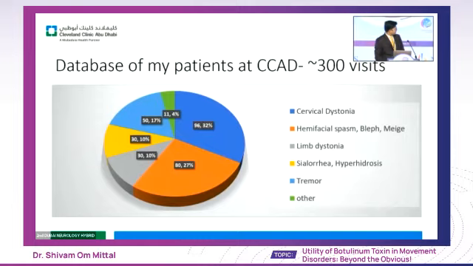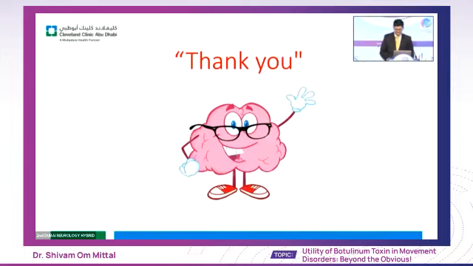I think that's one of the highest so far anywhere in the country, even in big institutions in the US. We're still learning about the tremor conditions, but that's a good number. So this is the experience so far. Thank you.